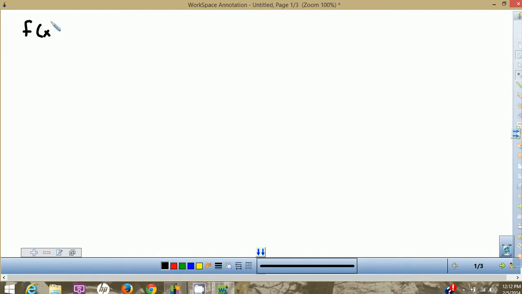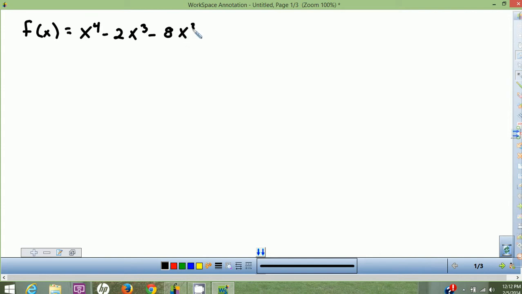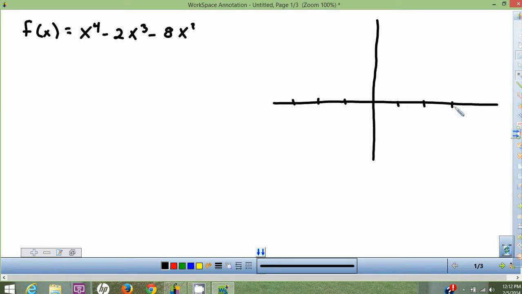F of x is equal to x to the 4th minus 2x cubed minus 8x squared. And again, I'm going to sketch a very simple sketch of this polynomial based upon the things that I know about the polynomial itself.